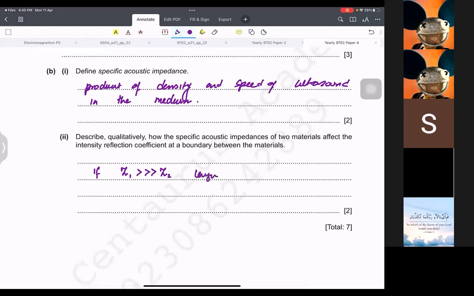They will have a larger difference, means greater reflection. You can also write coefficient of reflection. If Z1 is approximately equal to Z2, it's not that big, right? So larger transmission.